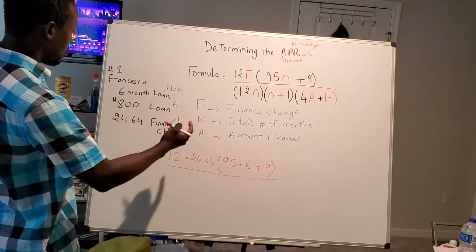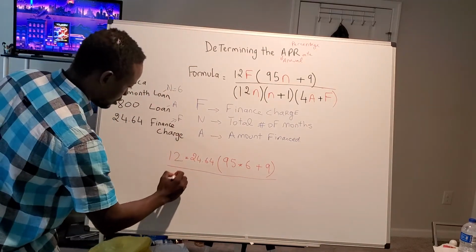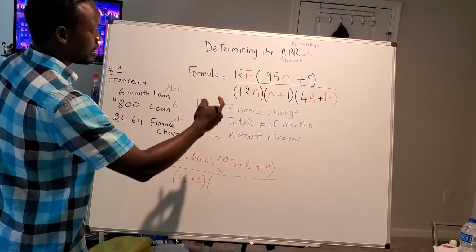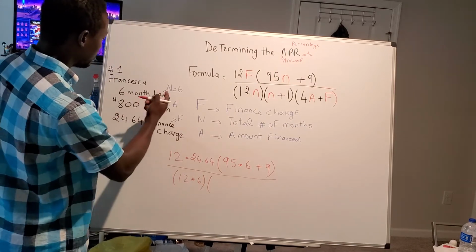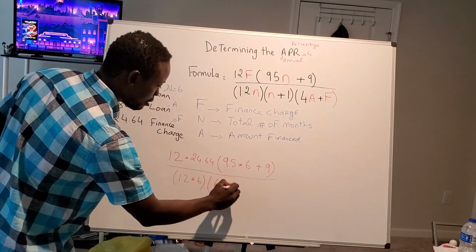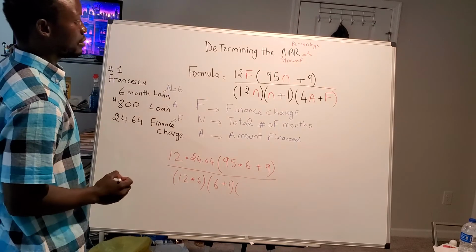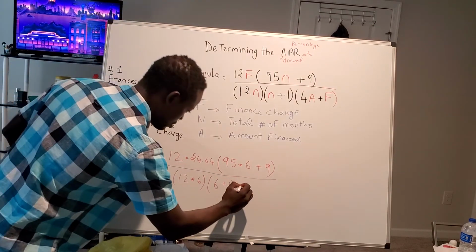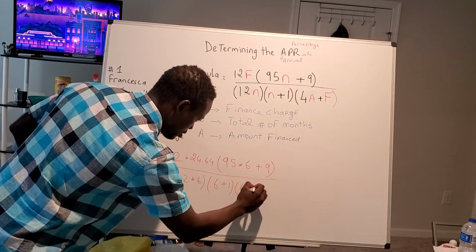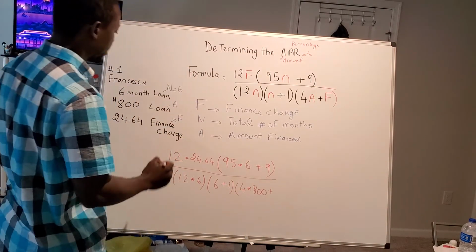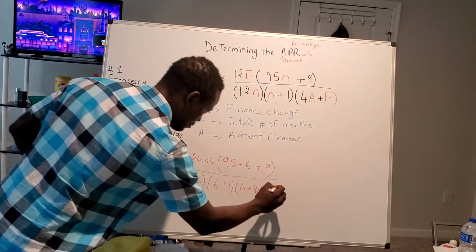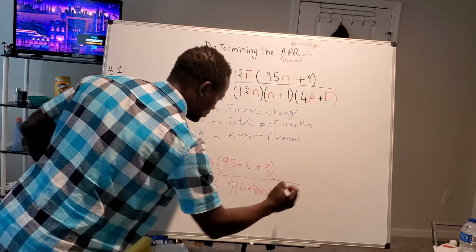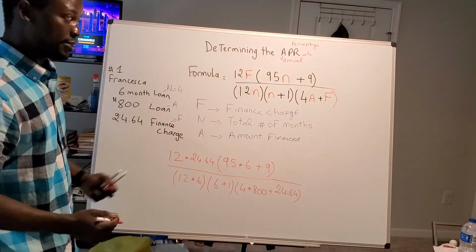Okay, so now 12 times N, so that would be 12 times 6, and then N plus 1, N is 6 plus 1, and then 4A plus F, 4 times 800 plus F, which is $24.64. Okay, that's all you need to do.